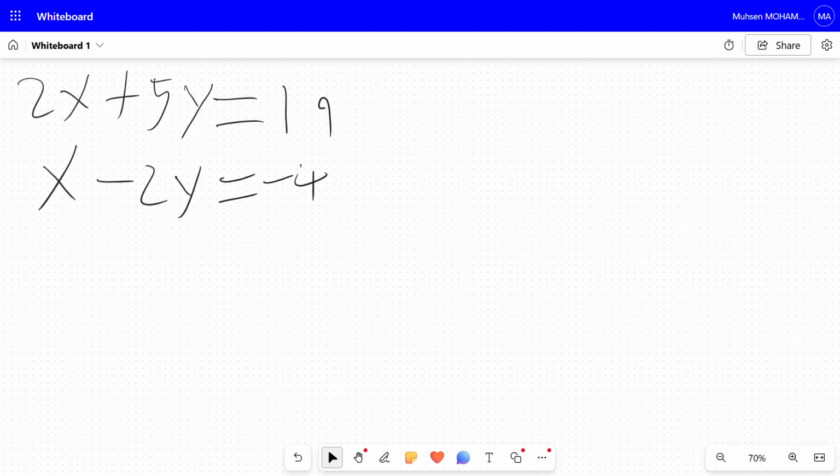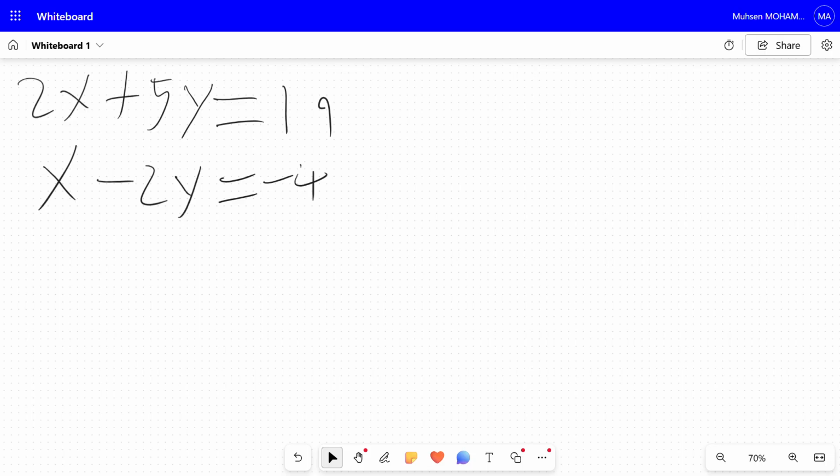As there are no similar variables, and if I added them up, nothing will be cancelled out. So what I can do is to modify one of the equations. So for example, I could multiply or divide to eliminate one of the variables.